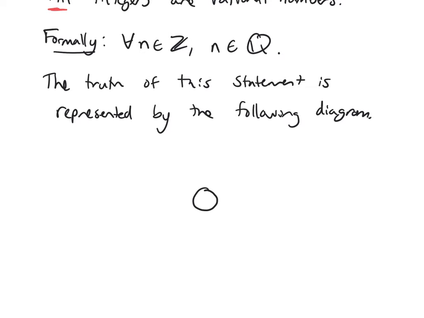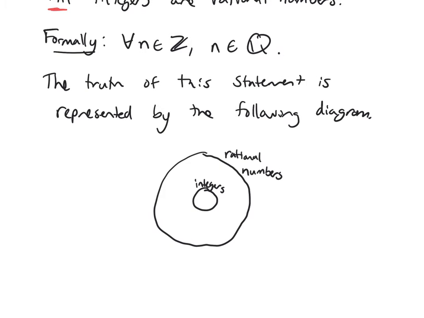So imagine that every integer is inside of this circle. Well, all of the integers are rational numbers, so they're contained inside of a bigger circle that represents rational numbers. So again, these circles are kind of like the entire set. Imagine that the entire set of integers would have to be fully contained within the set of rational numbers.